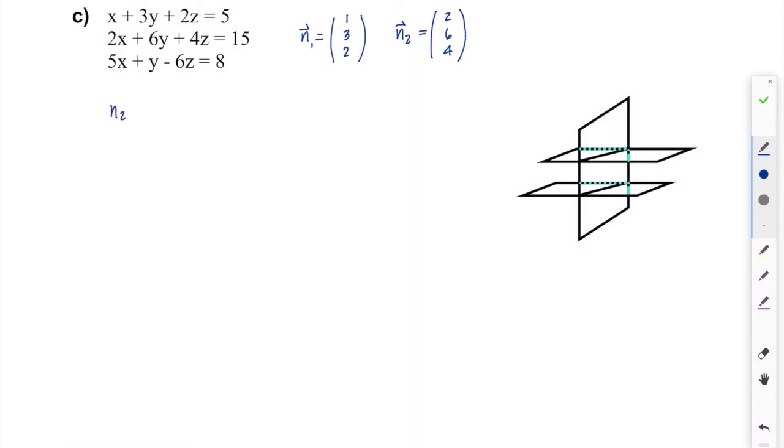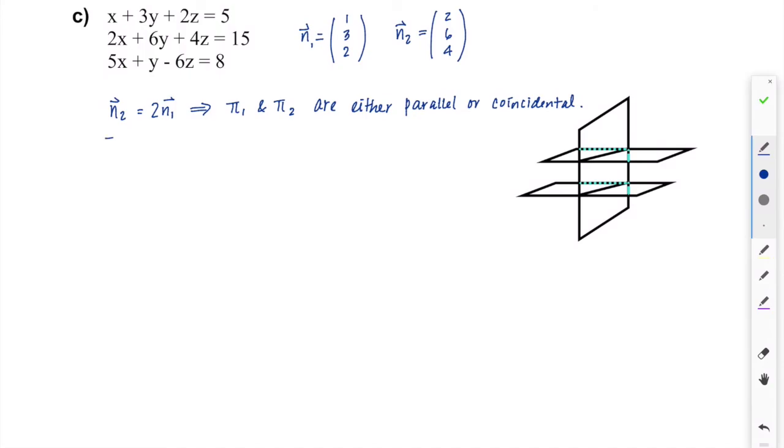So N2 can be written as 2 times N1. That means plane 1 and plane 2 are either parallel or coincident. Okay, so that's based on the normals.